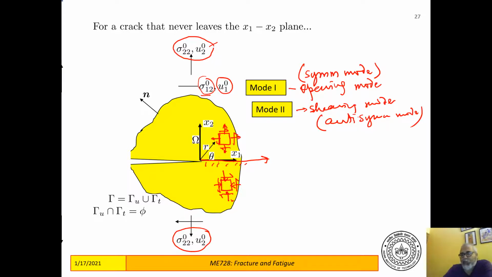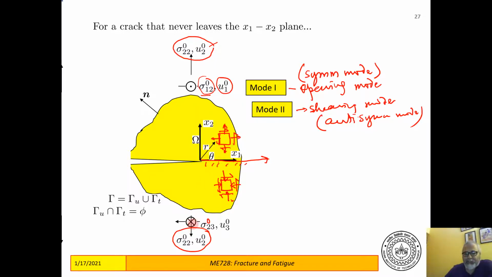So mode 1 and mode 2 are all that you can apply. Now you can have another mode which we are going to study, which is mode 3, where you apply this. So you apply sigma 230 on the top and the bottom in opposite directions.